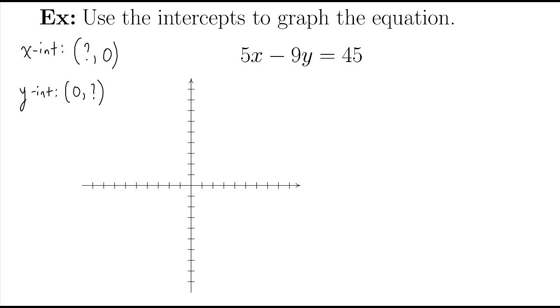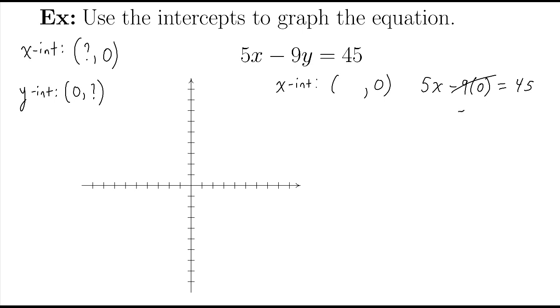To find the x-intercept, we have to plug in 0 for y. We're going to substitute in 0 for y in the equation. 9 times 0 is 0, so I'm just going to scratch that out.